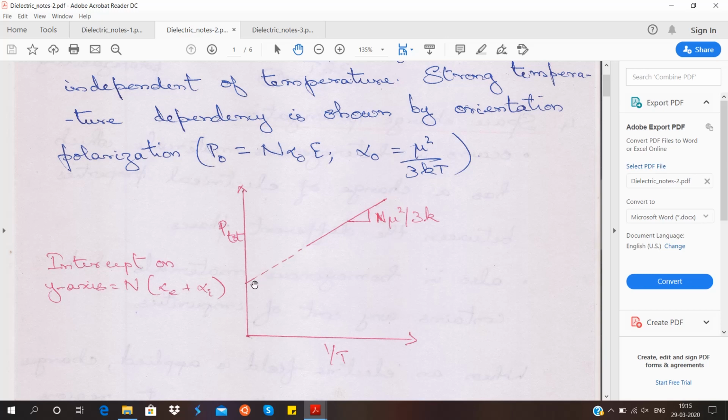The intercept will give N alpha e plus N alpha i, or N into alpha e plus alpha i. So the total polarization has a linear dependency with respect to 1 over temperature, and it's a positive linear curve, with a positive slope.